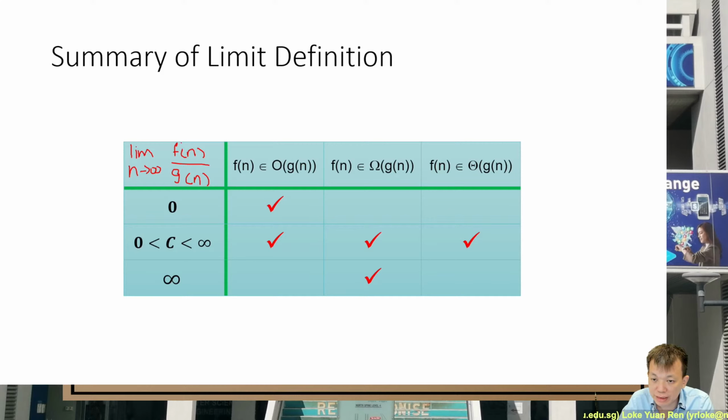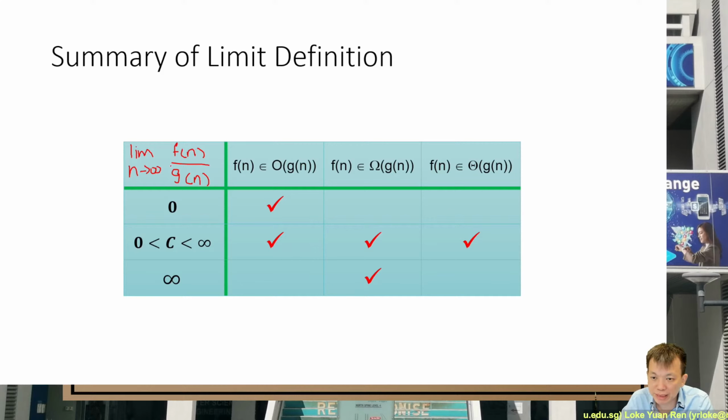If this ratio is 0, which means g(n) grows faster, then you can only conclude that f(n) is in big O g(n).